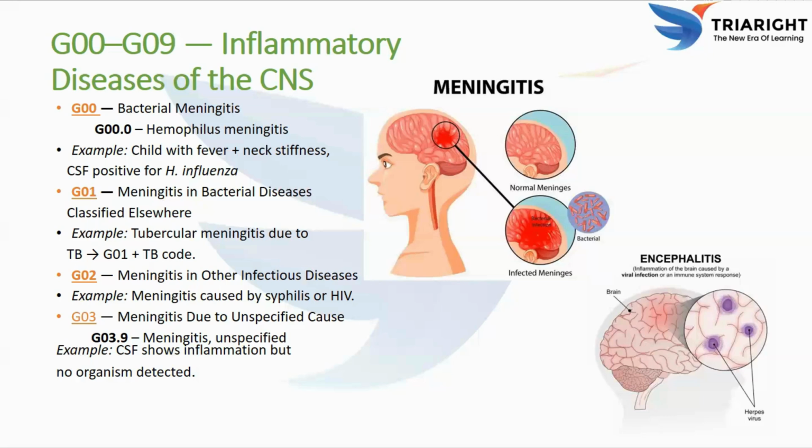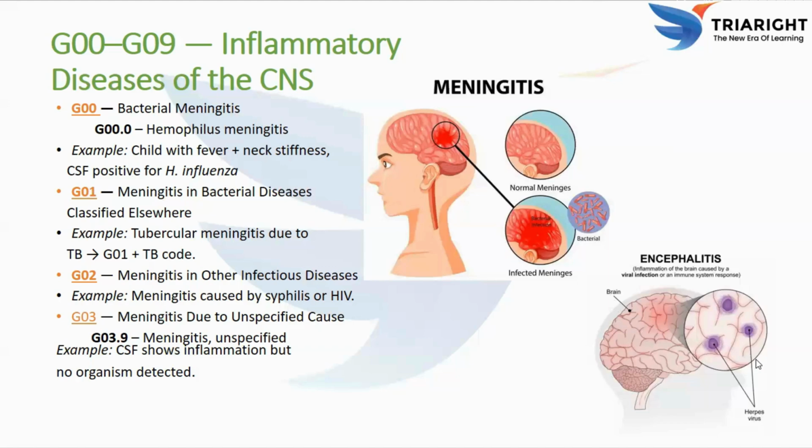Here you can see a picture of meningitis as well as encephalitis. What you are seeing is meningitis. You can see the difference between the normal one and the infected one, right? The normal one is very normal. You can see the meninges as normal, but in the infected one, you can see the bacterial invasion, the bacterial infection. It is causing swelling and inflammation, right?